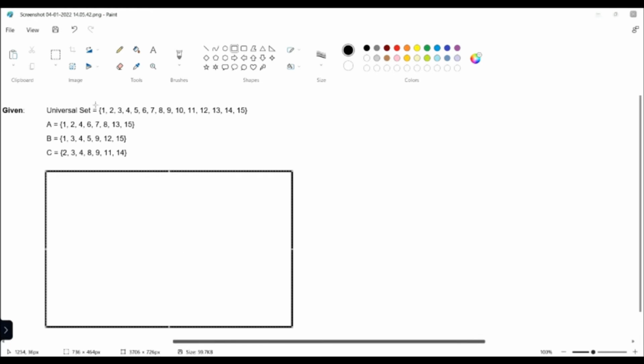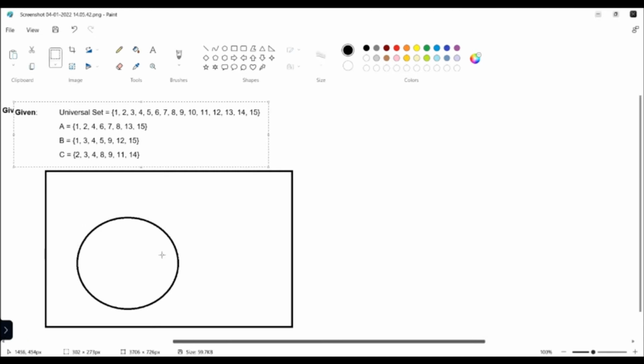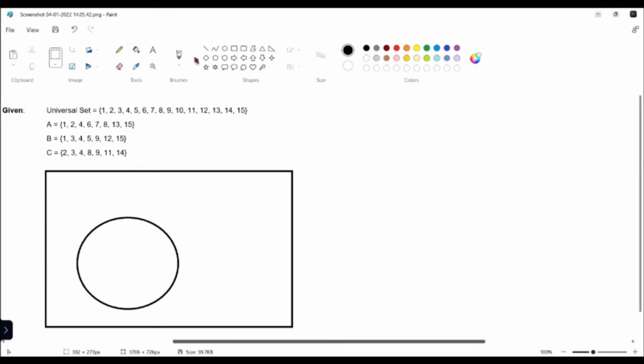And we have 3 subsets of U. So we'll be drawing 3 overlapping circles. Let's say this is A. Lagyan natin ng space. A. We have B. And then one more.